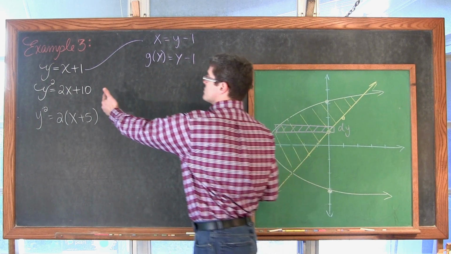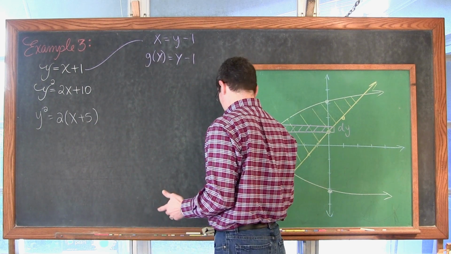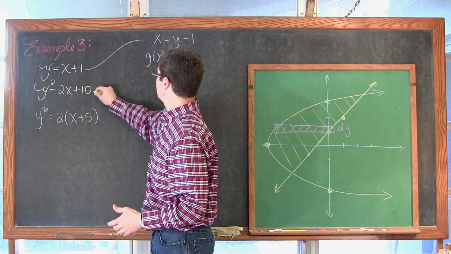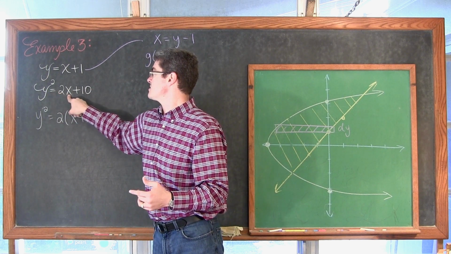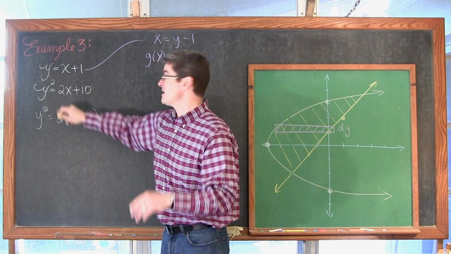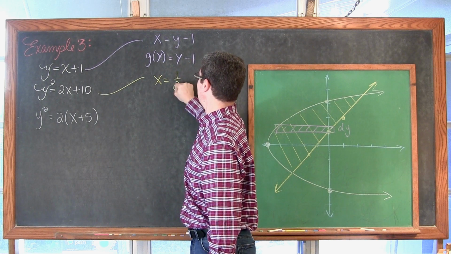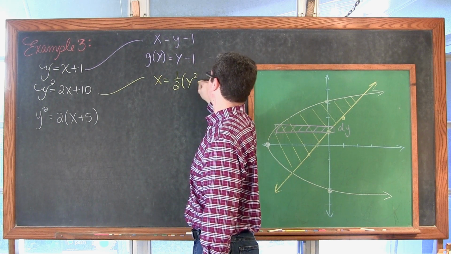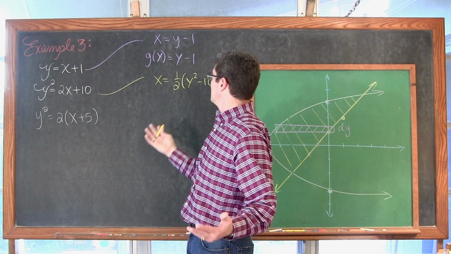And then for our function here, we can take this, subtract 10 from both sides and get 2x is equal to y squared minus 10, and then divide both sides by 2, giving us x is equal to 1/2 y squared minus 5. And let's go ahead and call that f of y.